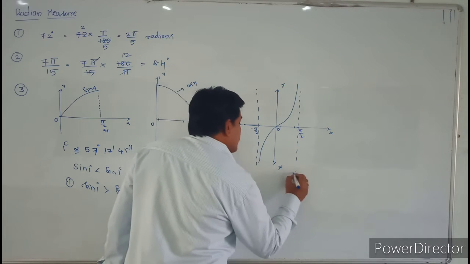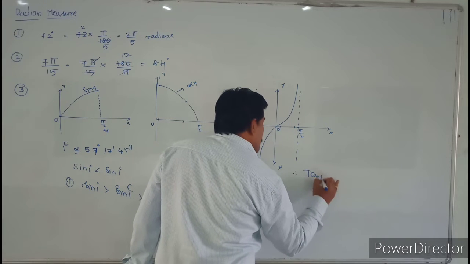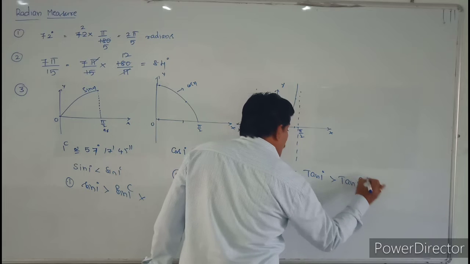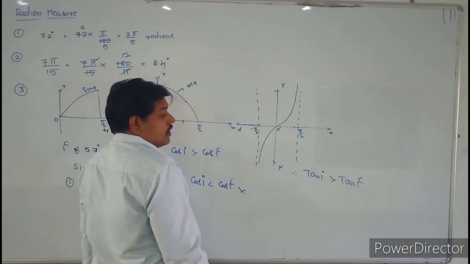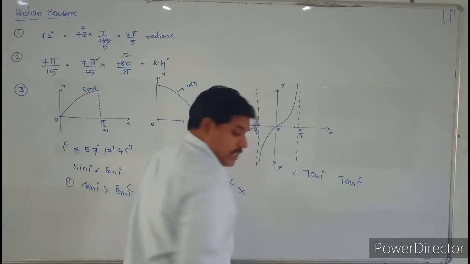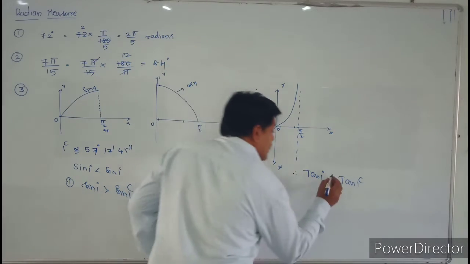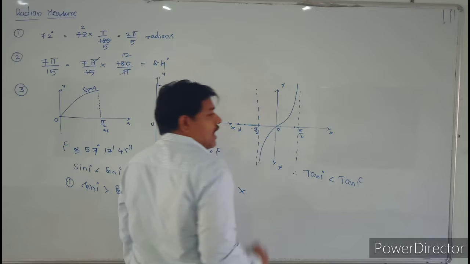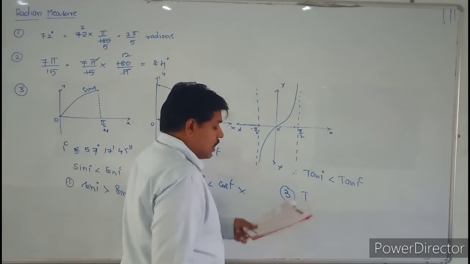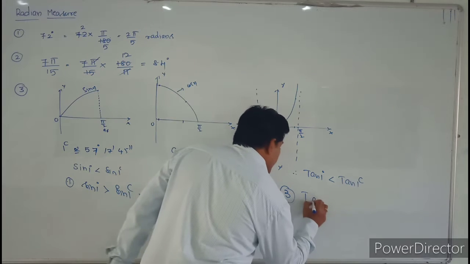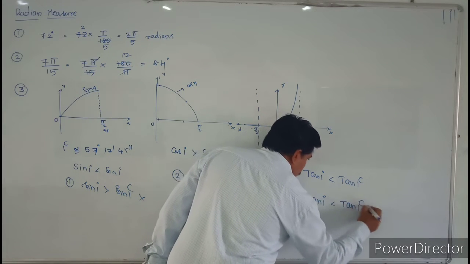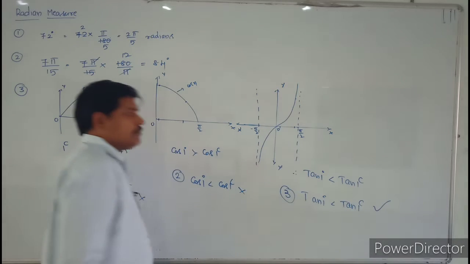Tan 1 degree is less than, not greater than, students. So that is nothing but tan 1 degree is less than tan 1 radian. So what is the third option? The third option they have given is tan 1 degree is less than tan 1 radian. So that is the answer.